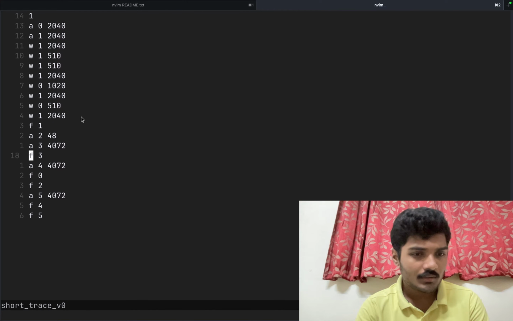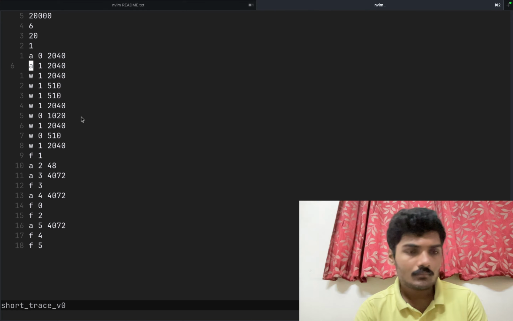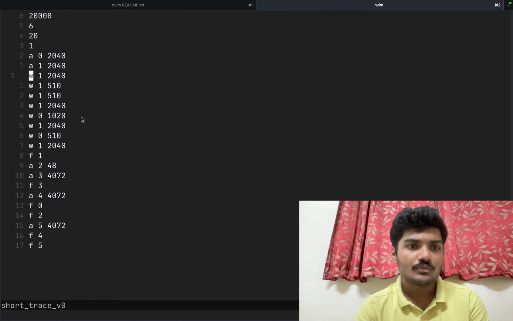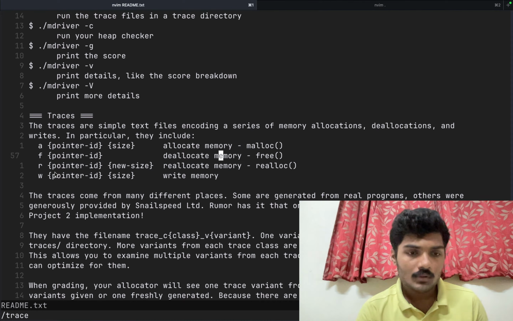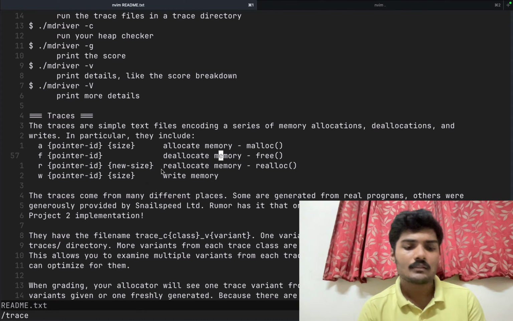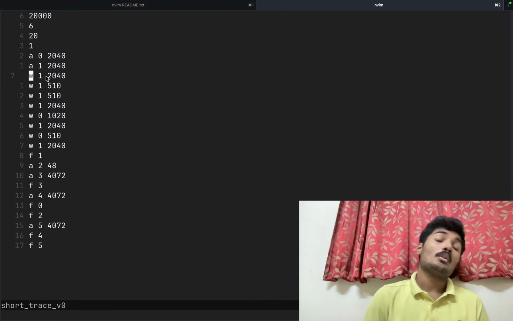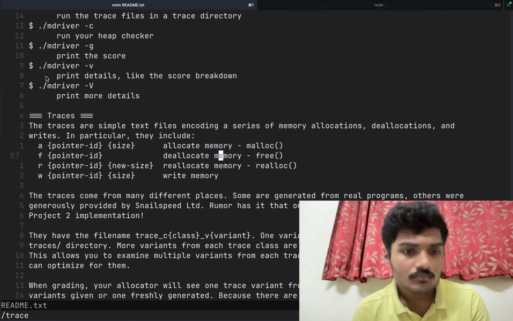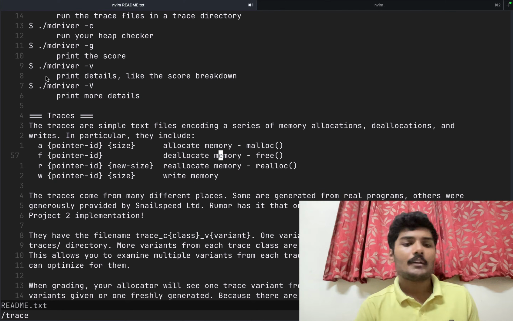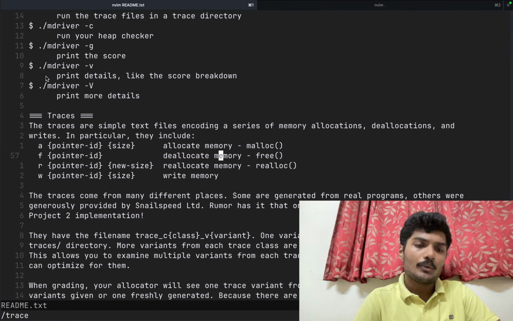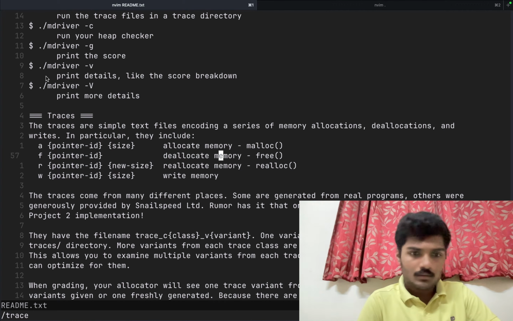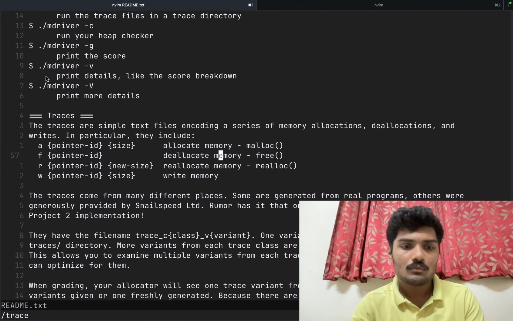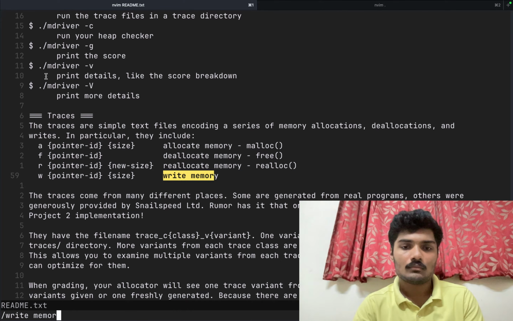F0 is kind of like, okay, allocate. Write 2040 to 1, write memory, pointer ID and size. Oh, so we have to write what? What does write memory do? I'm so confused. Pointer ID, size.